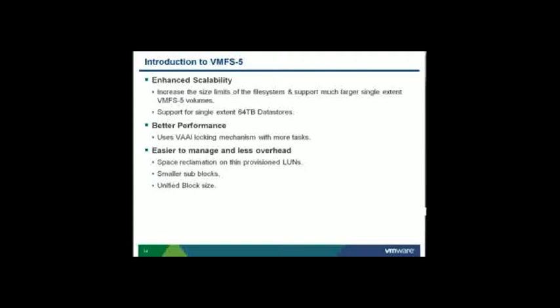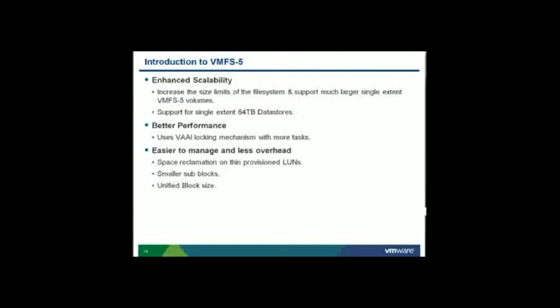The only way around it, I suppose, to extend these data stores was by using extents. So we've now done away with the use of extents to create very large data stores. We support up to 64 terabyte data stores out of the box, no extents needed. And of course that applies also to presenting RDMs to the VMs themselves.